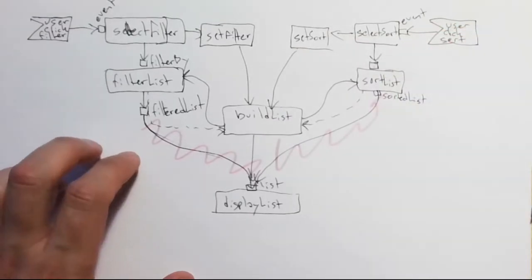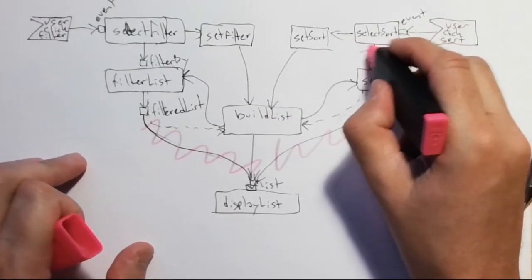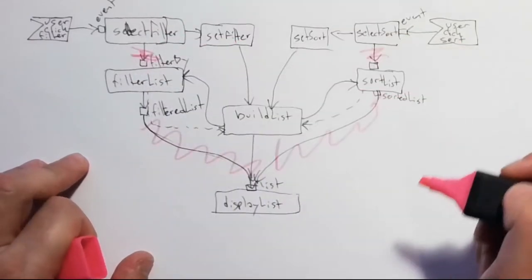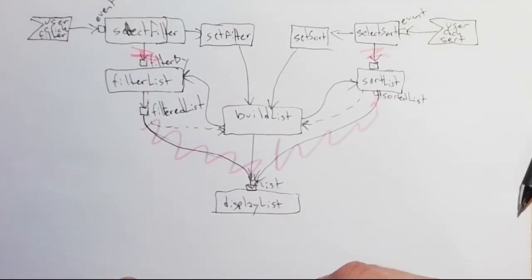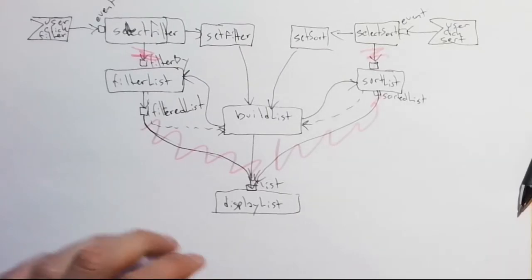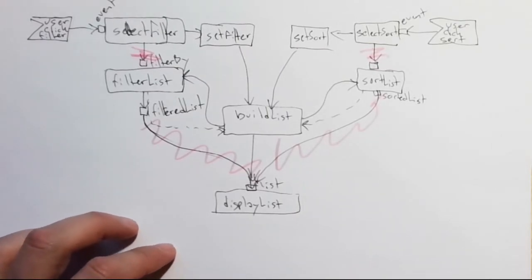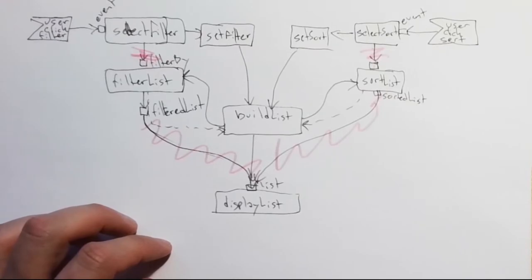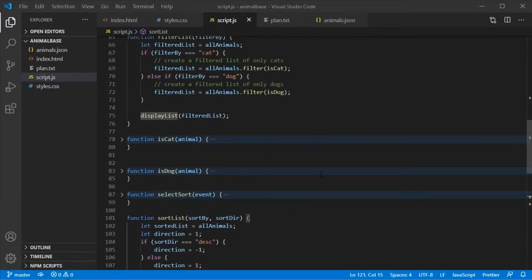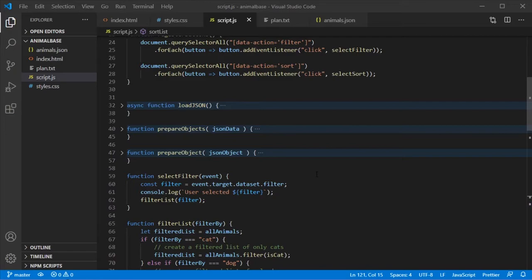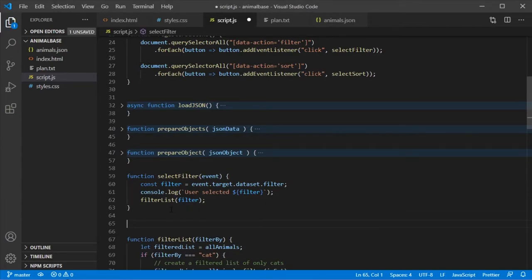So out with those. Let's see if this can be done. So let's go into our code, and when we select the filter, then it calls filter list, but instead we wanted to call a function set filter that also just receives the filter by.